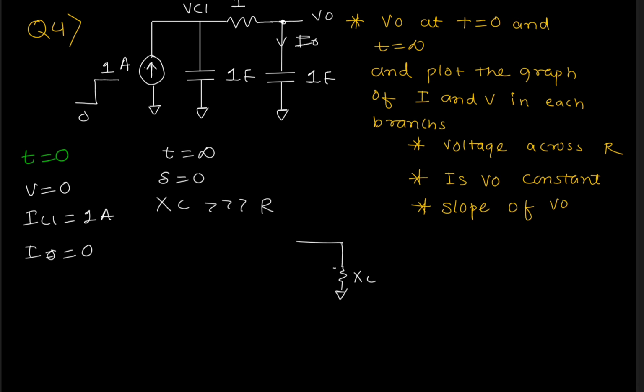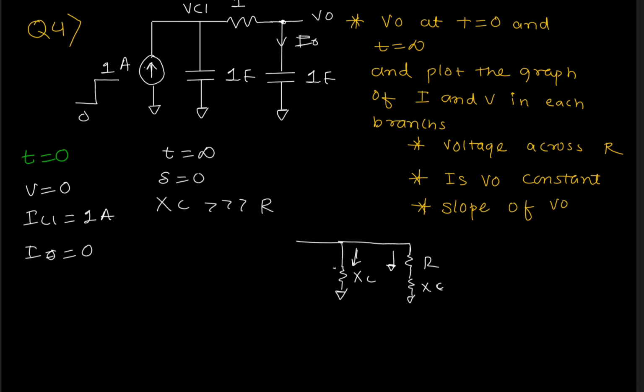Suppose this is Xc, this is R, and this is Xc, and Xc is much higher than R. So what will happen? We can say these two branches, this branch and this branch, have one and the same current. Like same resistance. So if they have same resistance, then the current will be same.